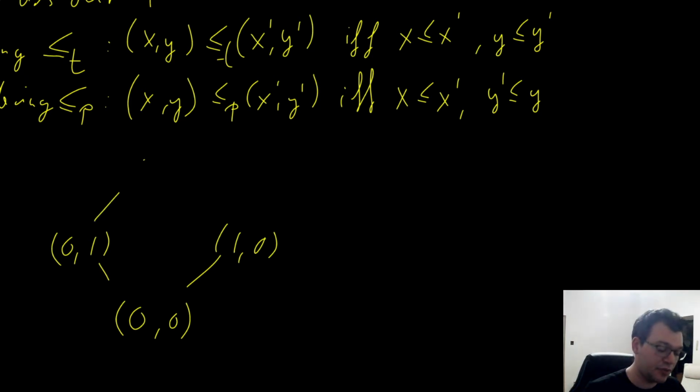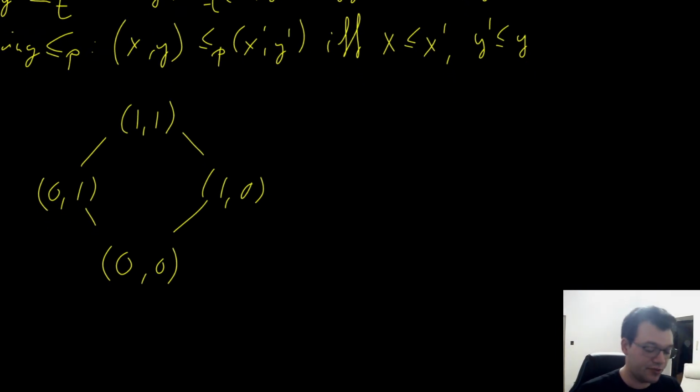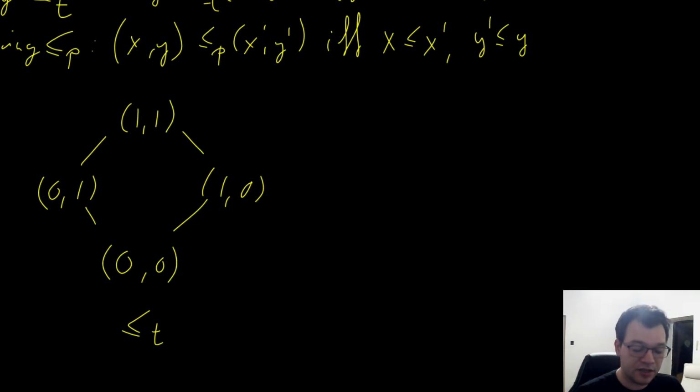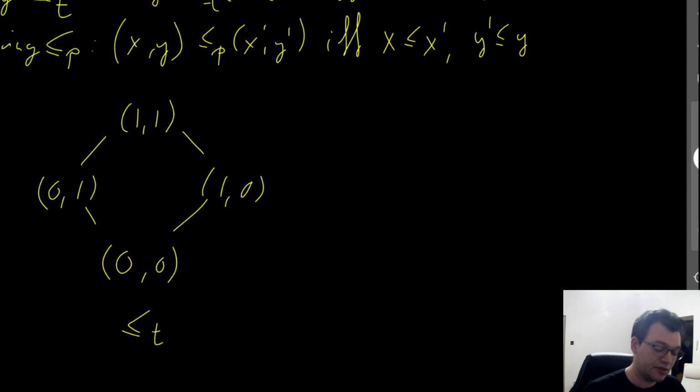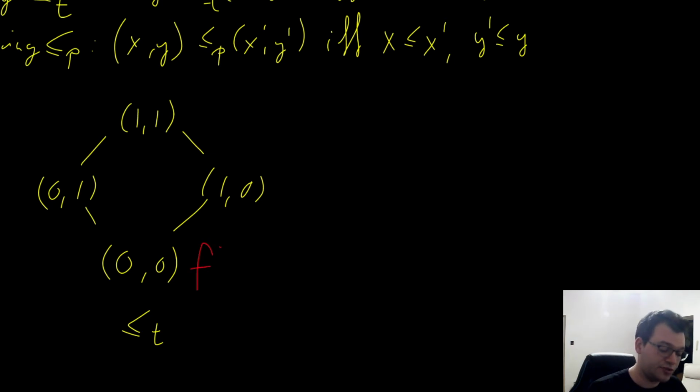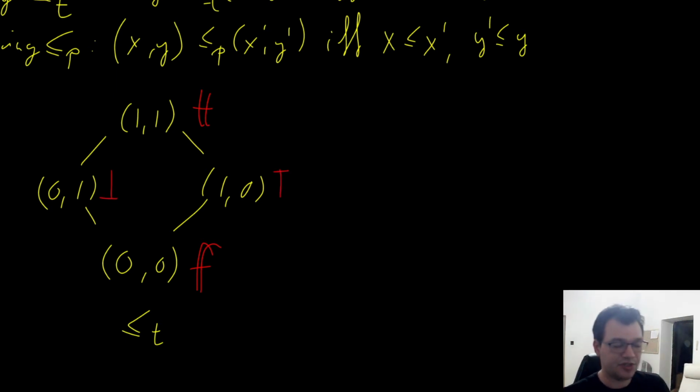And then we have the (1, 1). You can write the other names if you wish. So this is false, this is true, (0, 1) was the unknown value, and (1, 0) was the inconsistent value at the top. This is how they are related according to the truth ordering.